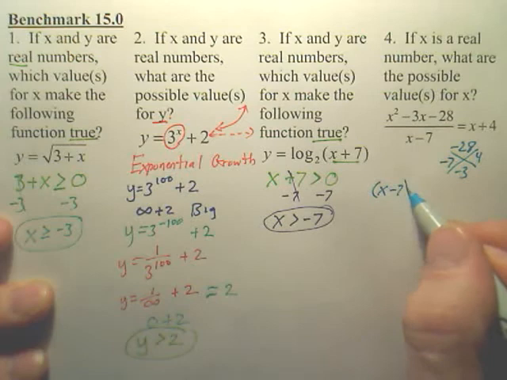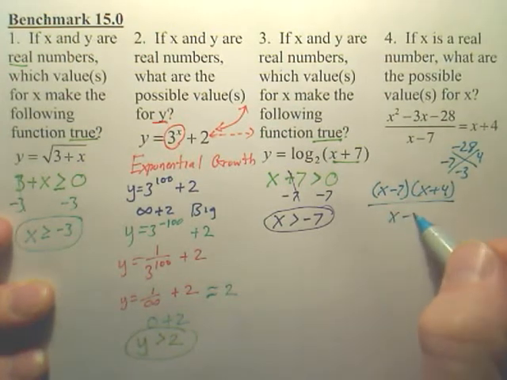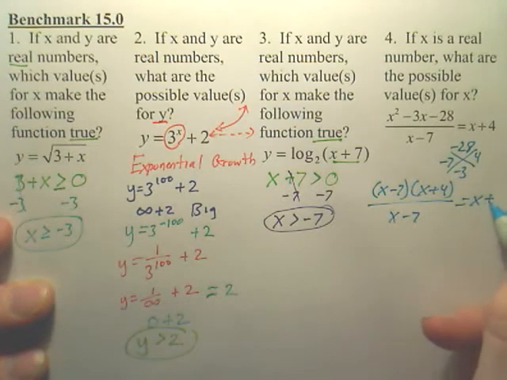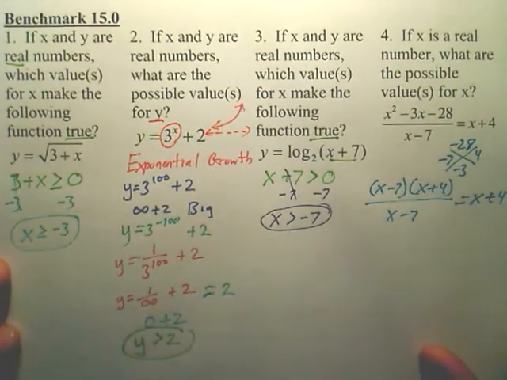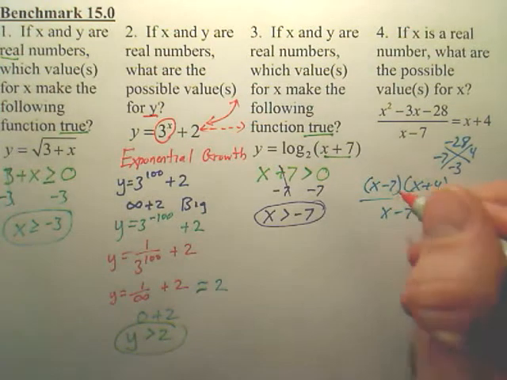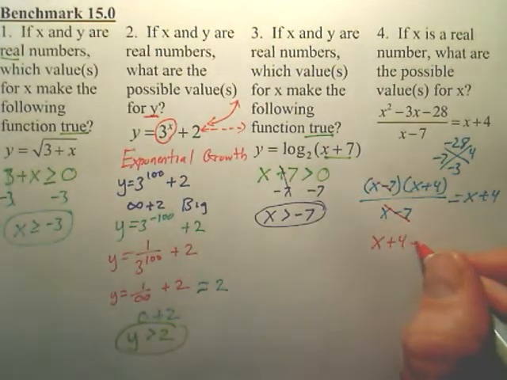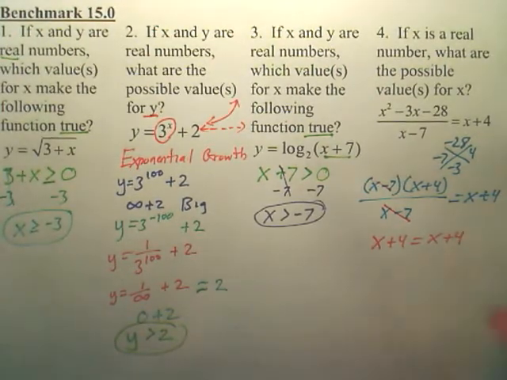So we have x minus 7, x plus 4, over x minus 7 equals x plus 4. Can anything cancel? The x minus 7's cancel, leaving us x plus 4 equals x plus 4.